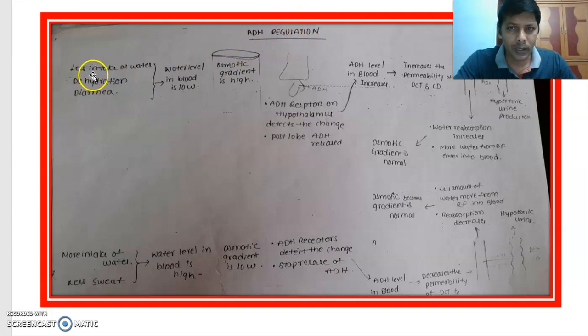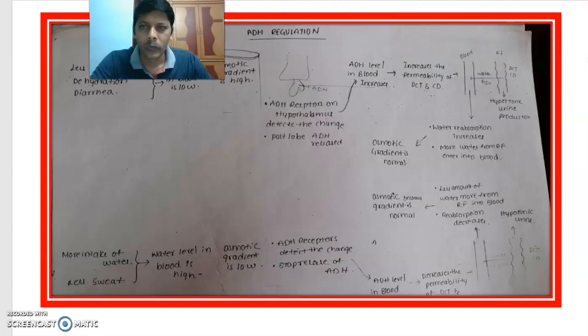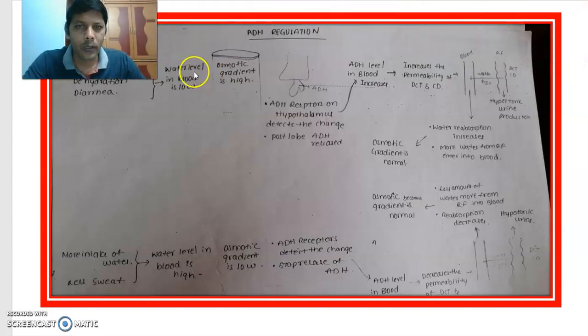Whenever there is a less intake of water, when we drink less water, and whenever there is dehydration, when more water is lost from the body, or when a person is suffering from diarrhea, what happens here? Water level in blood is low.